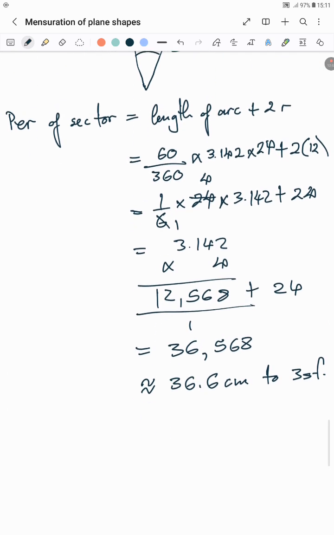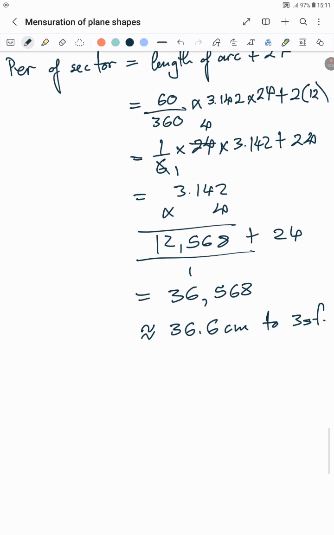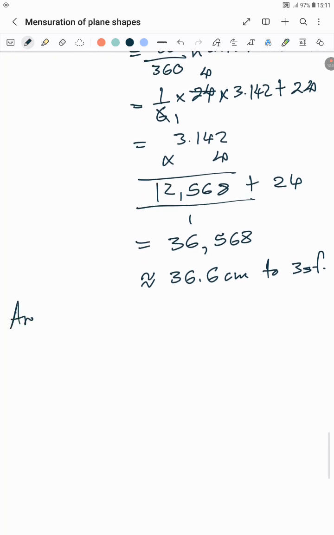Okay, and the area of the sector is just going to be a fraction, say 60 over 360 times the area of a circle, which is equal to pi r squared, right?